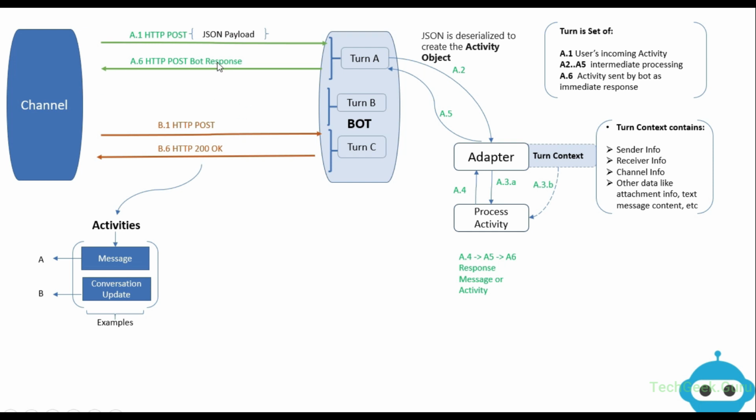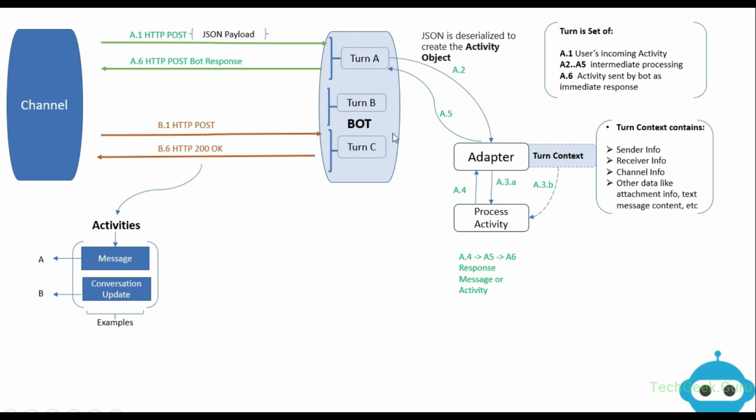Once a channel sends the JSON payload, it is received by the Restify web server running on the bot, and Restify deserializes the JSON payload and sends it to the adapter. In the diagram you can see A.2. This is the deserialized JSON message, or you can say an activity object, sent to the adapter.